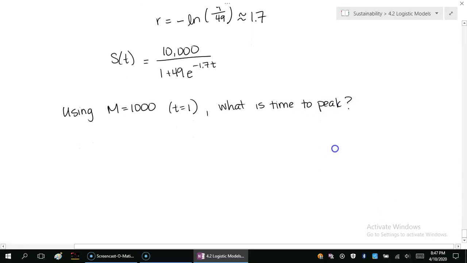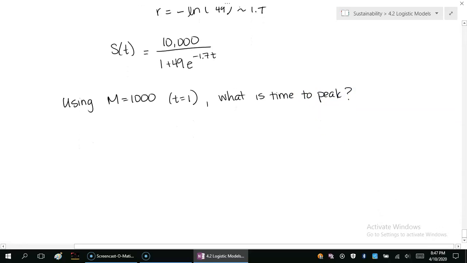Okay, and let's look at what the two formulas predict. The book's formula says that the time to peak is the log of c over m minus 1, divided by the log of 1 plus r. Well, if you plug in all of our information, that's the log.